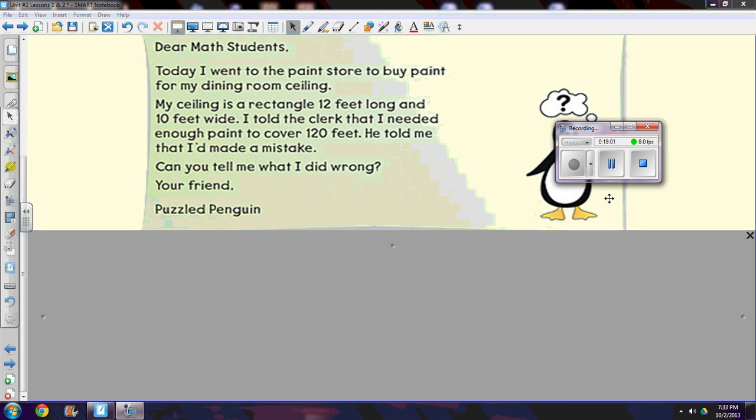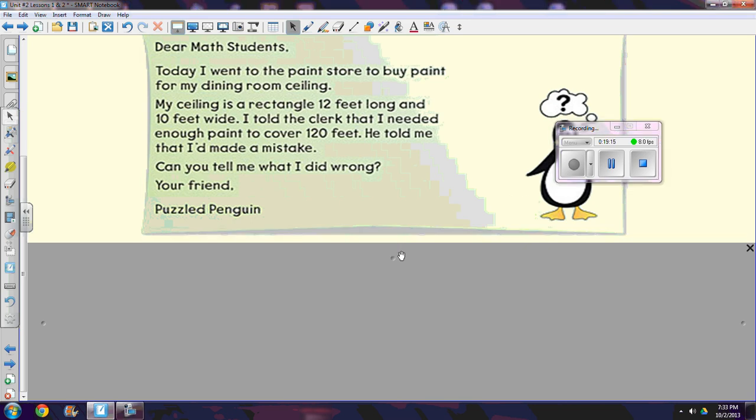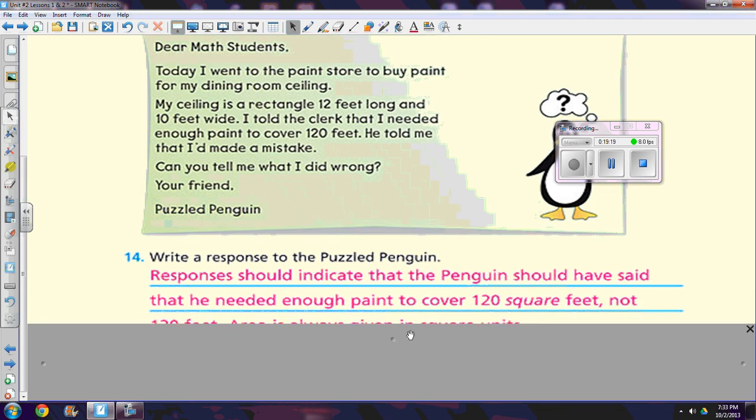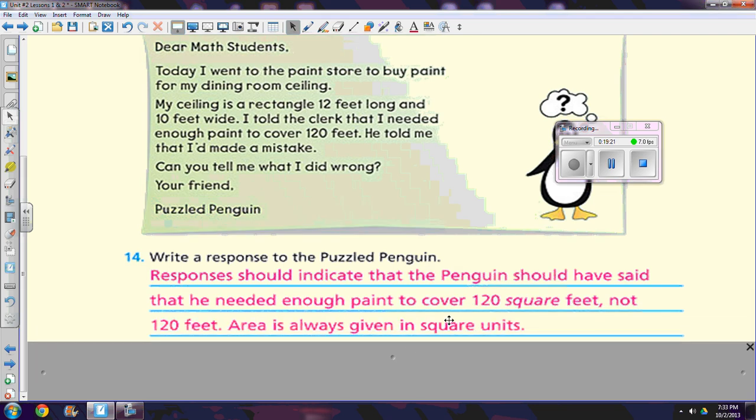But the mistake was that he said 120 feet, and it should be 120 feet squared. So for your Puzzle Penguin response, write back that it's 120 square feet, not 120 feet. Area is always given in square units.